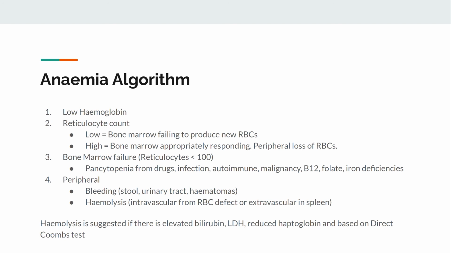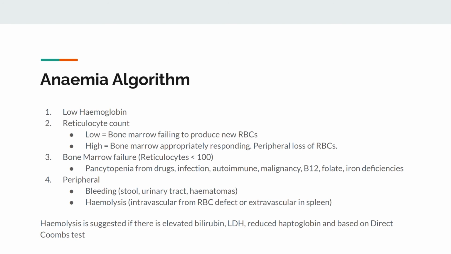If, say, they're an elderly person that's fallen and fractured their hip, there could be a liter of blood inside their leg that you hardly even know about. And then hemolysis. If it's not bleeding, it must be destroyed. And that could either be inside the vasculature or it could be outside of it in the spleen.